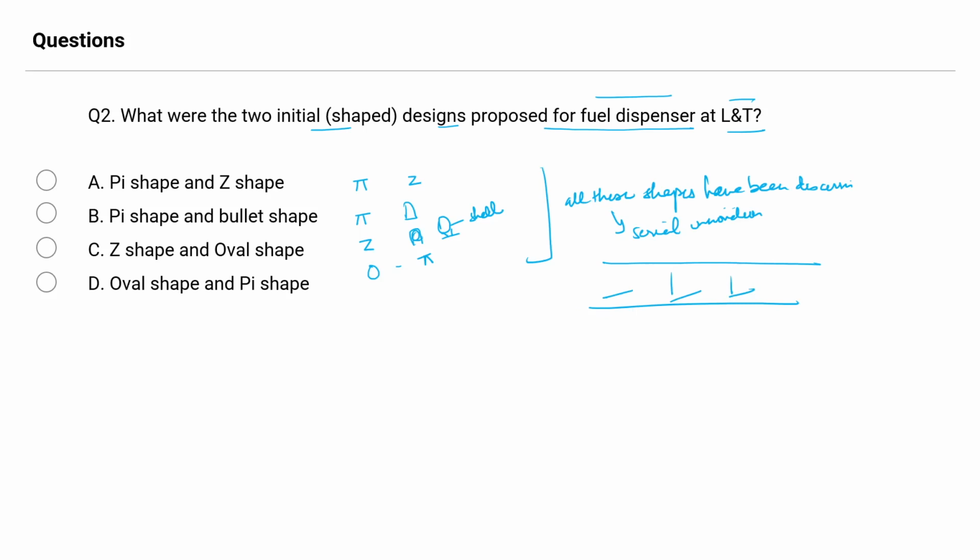So it's a little tricky question, but if you have gone through the content thoroughly, you will be able to answer it. What were the two initial designs proposed for fuel dispenser at L&T? Initial ones where the professor had joined and they wanted to make it a differentiator, right? Because till then it was all boxy fuel pumps, right? So anyone?